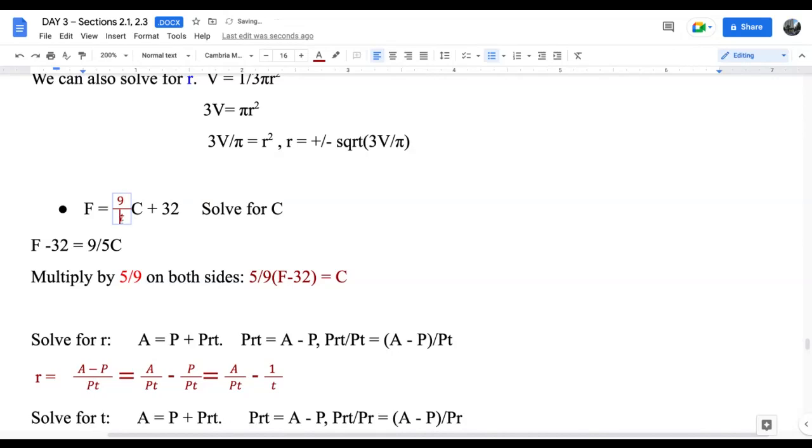And we want to solve for c, which means we want to single out c on the left-hand side of the equation. So first, we move 32 to the other side, and it becomes negative. So we have f minus 32 equals 9 over 5 c.